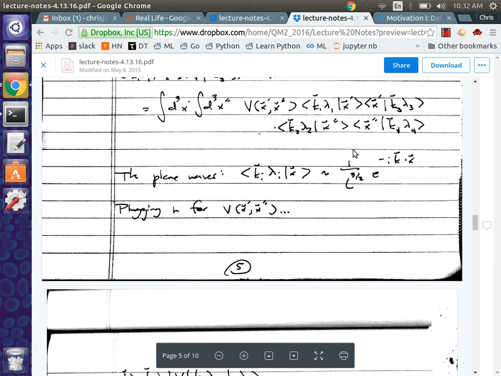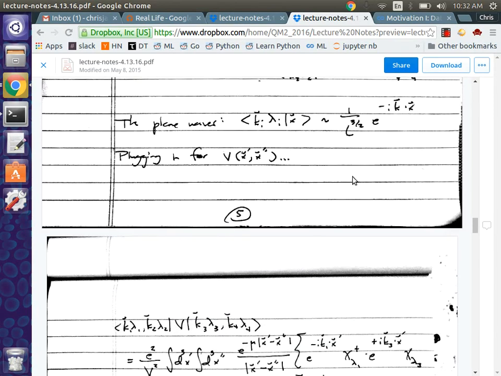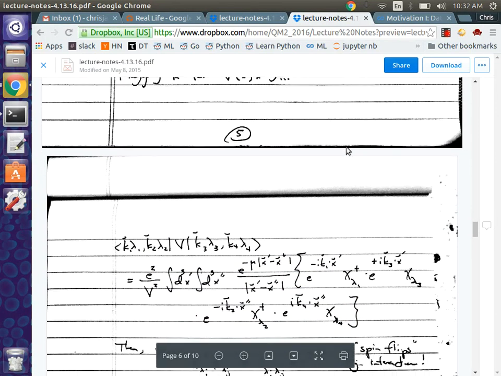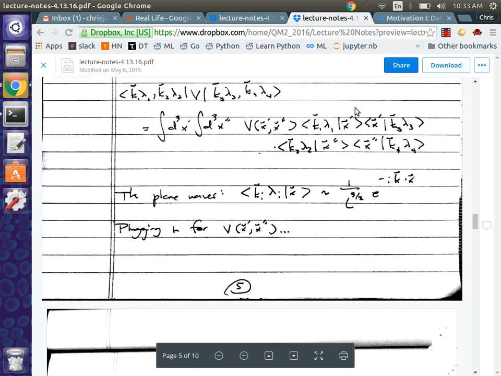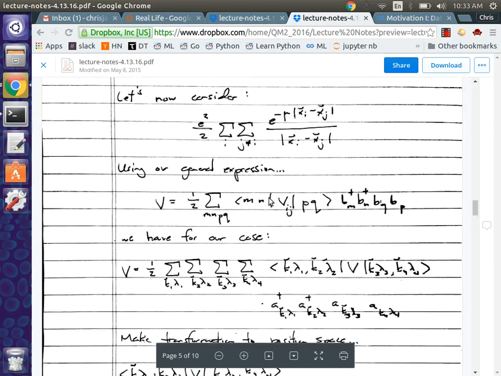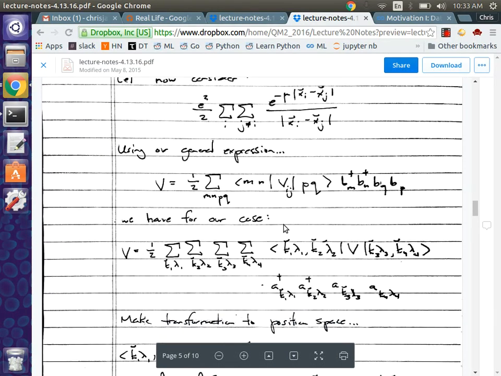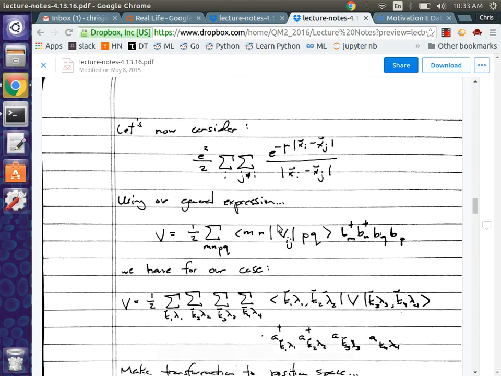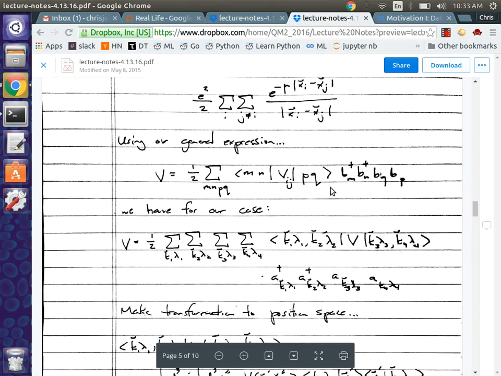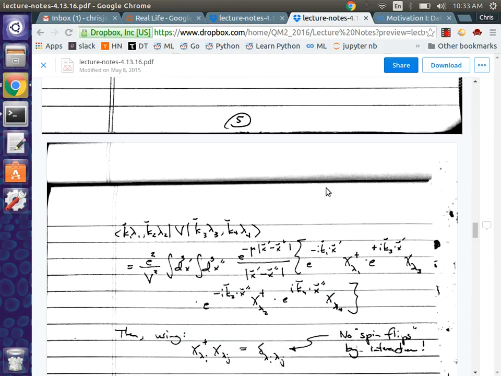Like I said, we're working in the big box approximation, so if you go back and look at when we did that, you'll see that there's a normalization factor that basically goes like the square root of the volume. So now I can plug that in. That's just the matrix element that goes into the definition of our general expression.